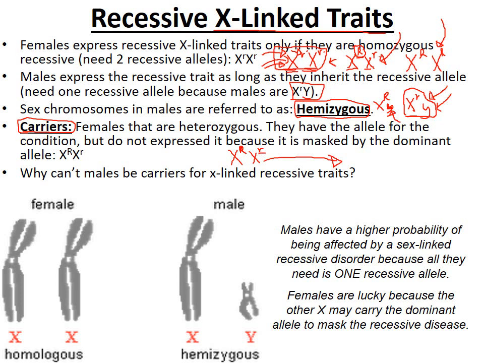Now, males, they can't be carriers for X-linked diseases. And I think you understand why now. That's because males will have X little r Y. As soon as they have an X little r, they have the disease. They don't have another X chromosome to mask the disease.